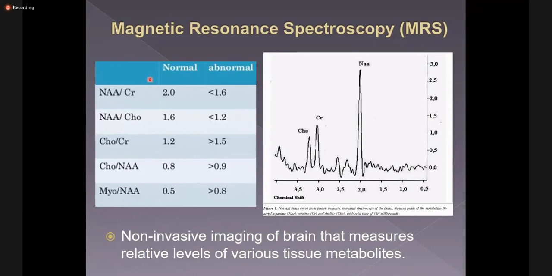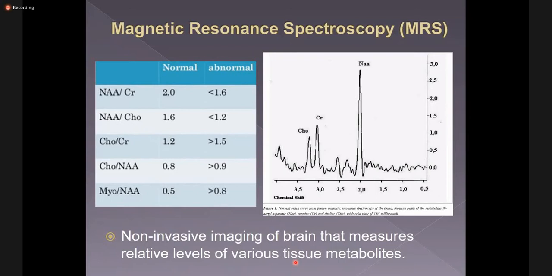This is the magnetic resonance spectroscopy, MR spectroscopy. It is a non-invasive imaging of the brain that measures the relative levels of various tissue metabolites. Whenever there is any lesion in the brain, it causes damage, or if there is a tumor, the lesion itself has particular metabolites because of the rapid turnover of cells in the malignancy.